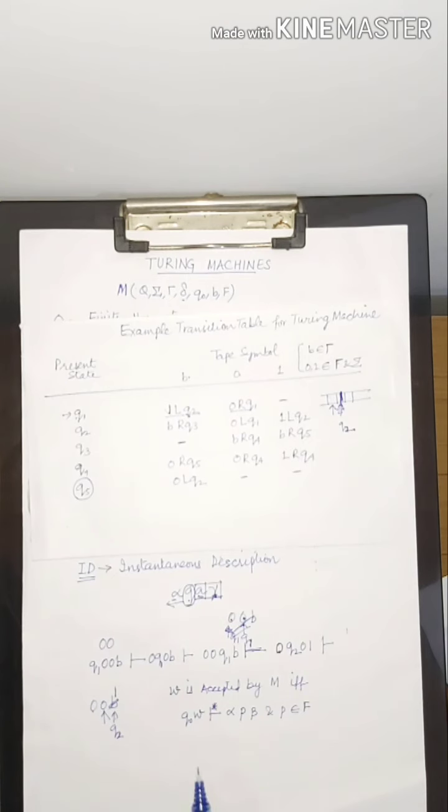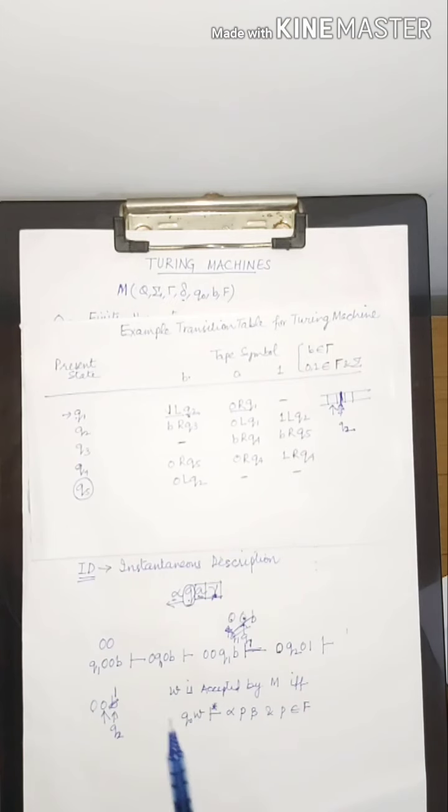This means that you initially start at the initial state and you feed the whole of the string on the right of the head. So after transitions, the status of the string may be anything, but the machine on halting is at state P, and this state P is one among the final states.